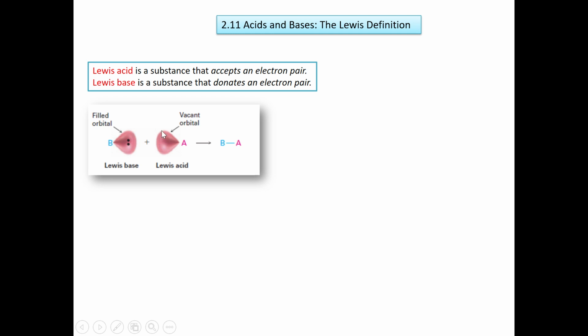A typical example is a boron compound: BF3 is a boron bonded to three fluorides. That means we have a free orbital that doesn't contain any electrons. A Lewis base is a compound that contains a full orbital, an orbital with two electrons.